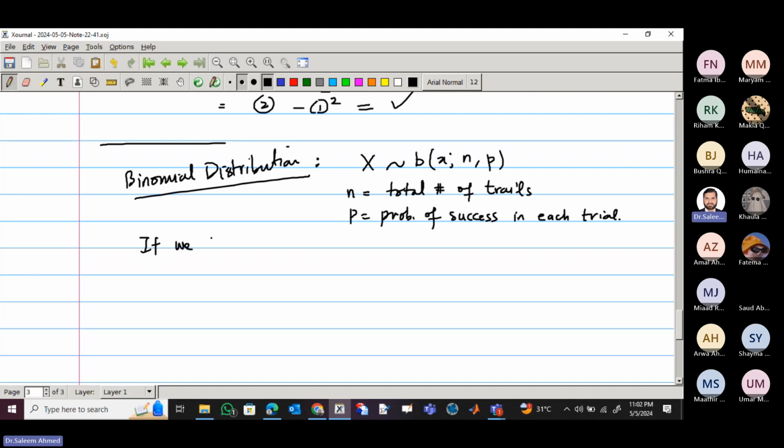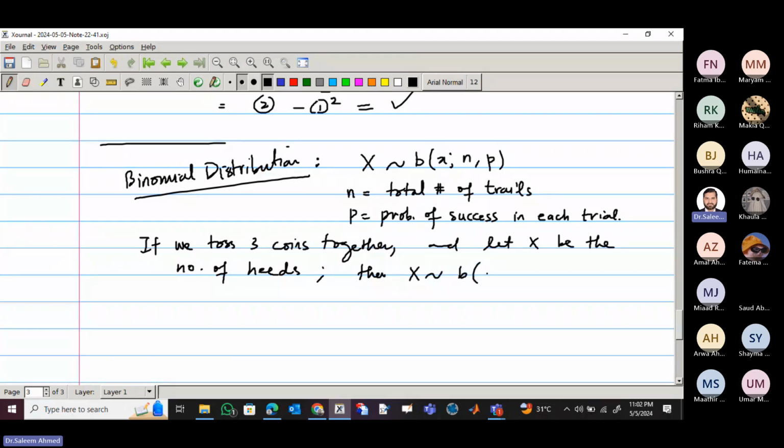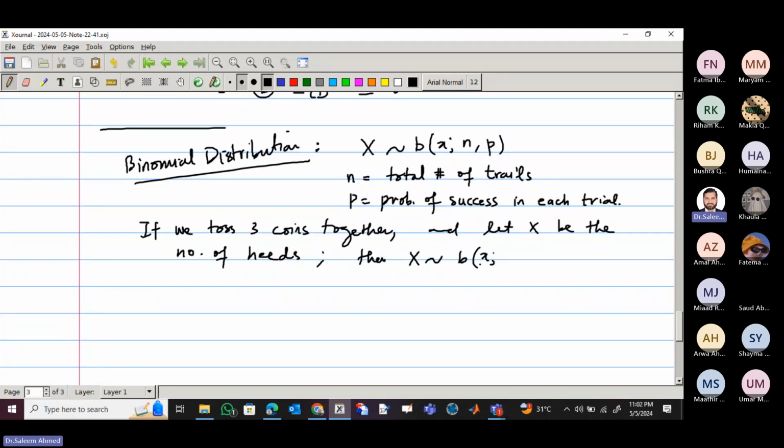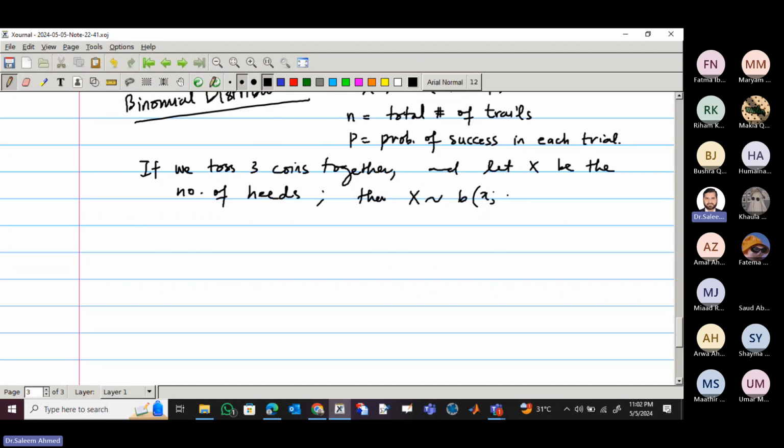If we toss 3 coins together and let random variable x be the number of heads in these 3 trials, right? Then your x is a binomial distribution, right? X is a binomial distribution with n equal to 3 and p equal to 1/2.